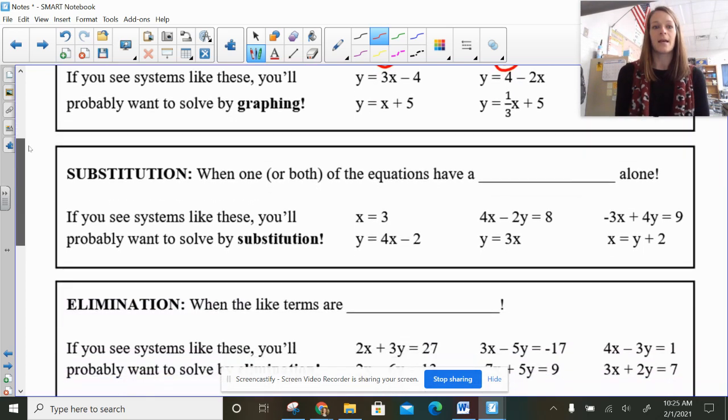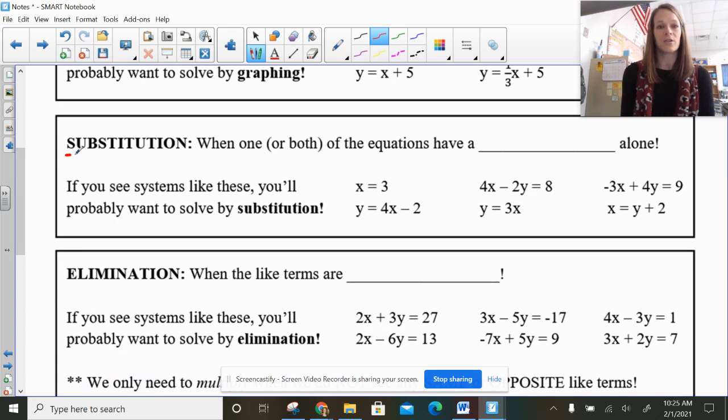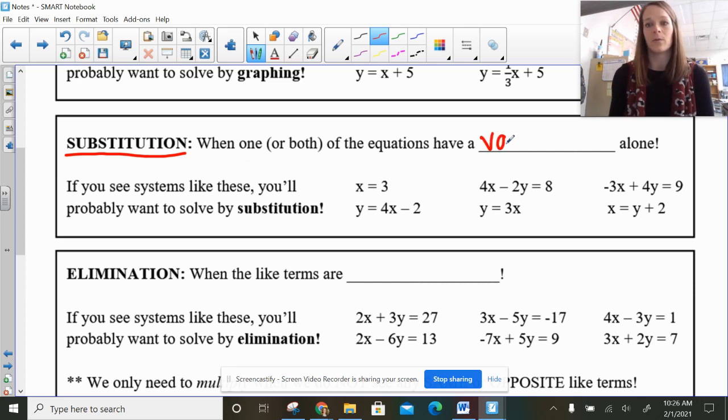All right, and then the next thing is substitution. You know substitution basically means you're plugging something in for something else. So when one or both of the equations has a variable alone, look in here, you have an x that's alone, you have a y that's alone. Substitution is going to be easier there.